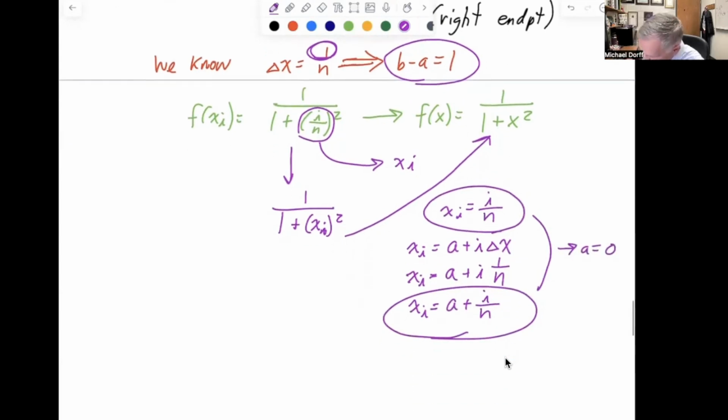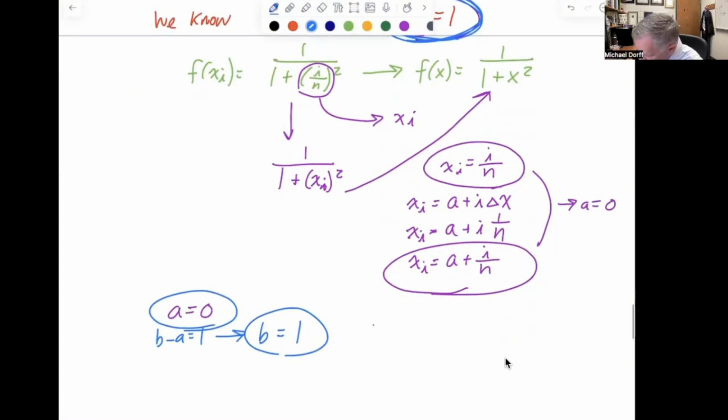So that then gives me a bunch of things. a equals 0. Then we know from up here in blue that b minus a equals 1. So that means b has to equal 1. So I have b equals 1, a equals 0, and f of x is 1 over 1 plus x squared.